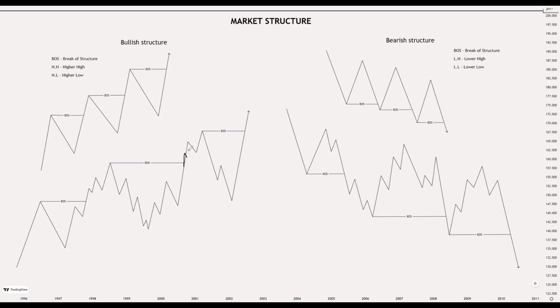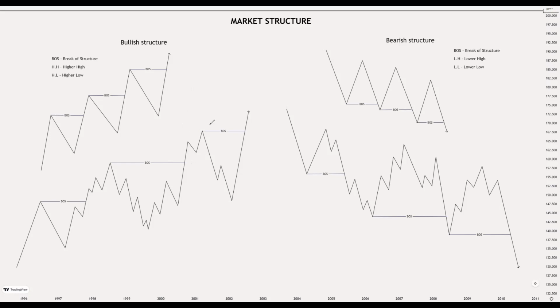Sometimes it may just do this, sometimes it may go as far, but in most cases, of course, it doesn't go as far. But one thing that we know is we always expect the price to pull back after the break of structure. So that's the first thing.